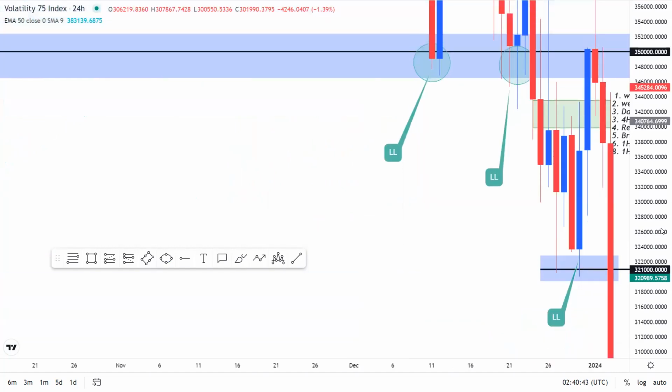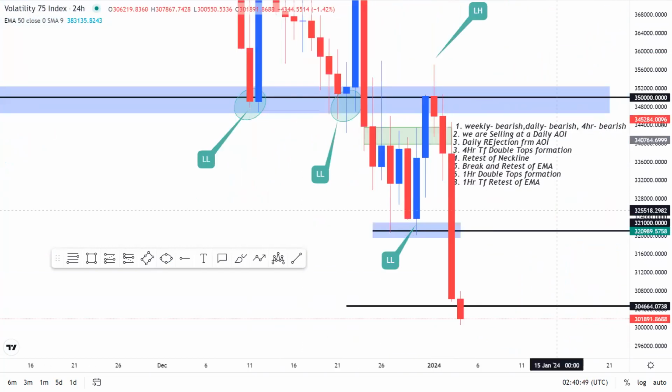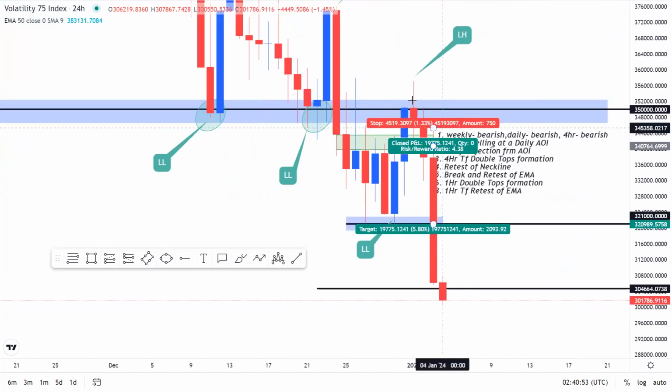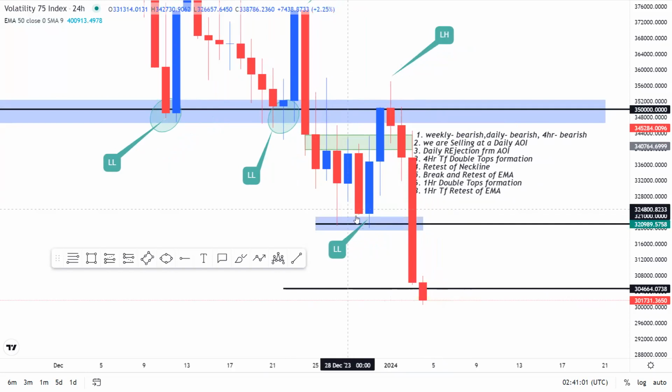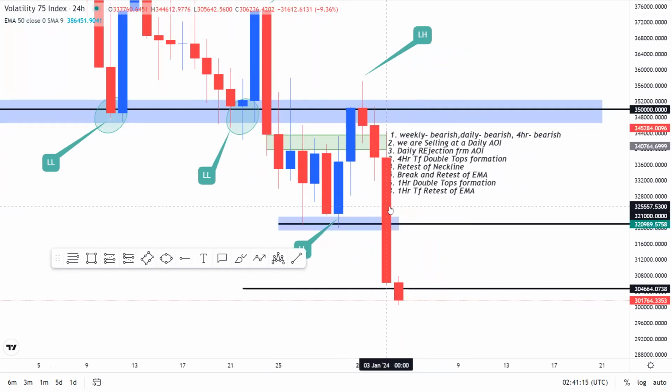It's only expected that I'd be trading from one key level to another key level. So from the daily time frame, having seen price sell from this very level, the very next level that comes to mind would be this level right about here, owing to the fact that we had this level previously as a support and then a support. So I had this as my first level take profit target or my selling opportunity.